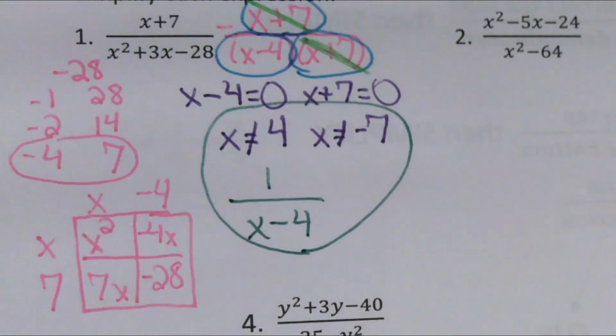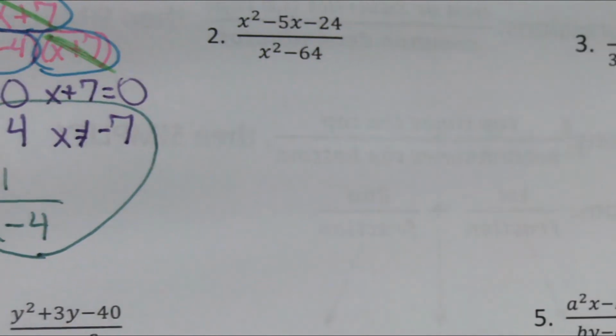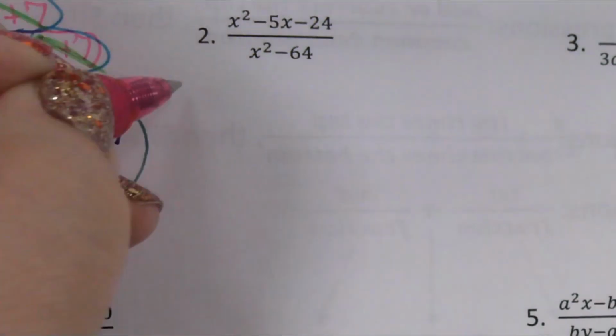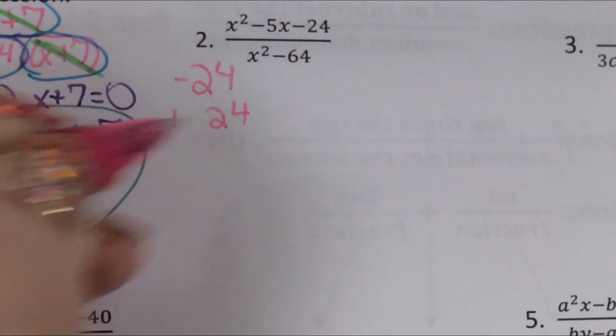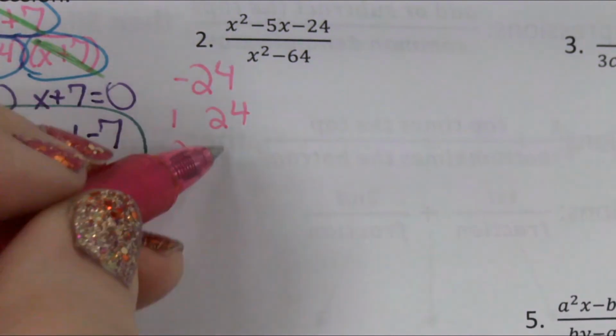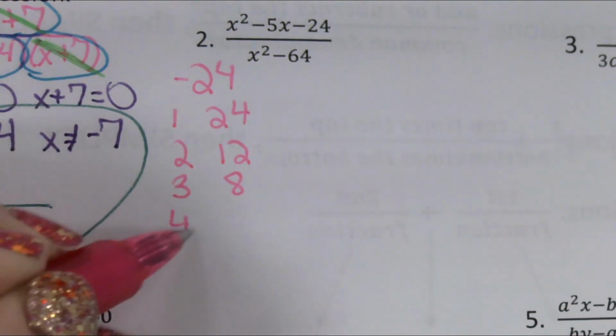Number 2, we need to factor everything that we can. That means that we're doing a times c for the top number, or the top expression. Negative 24 is a times c, 1 and 24, 2 and 12, 3 and 8, and 4 and 6.